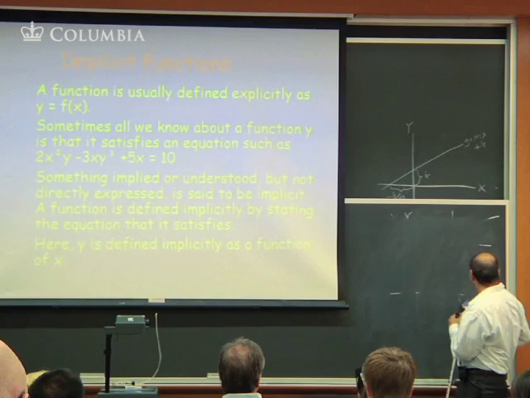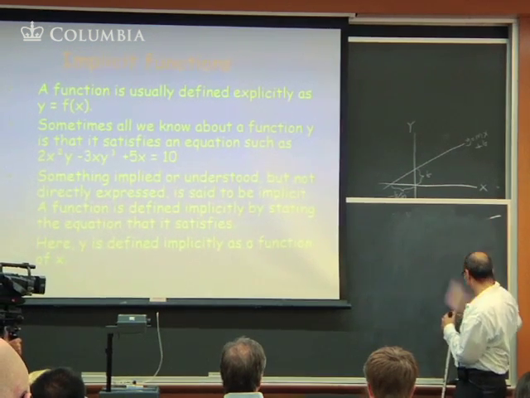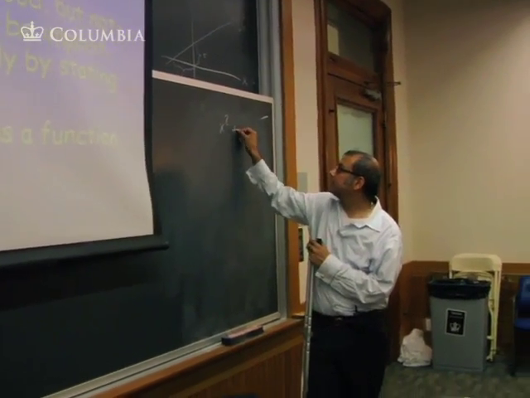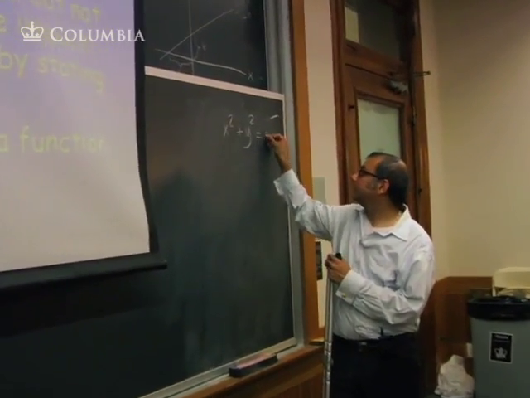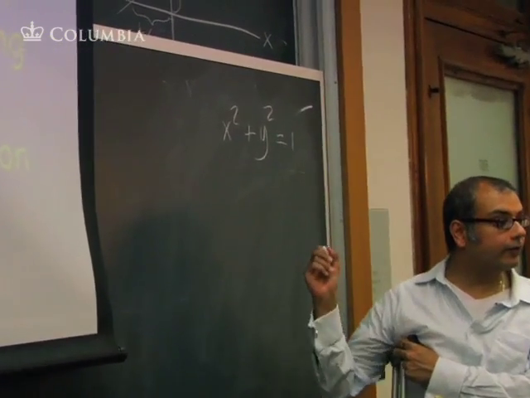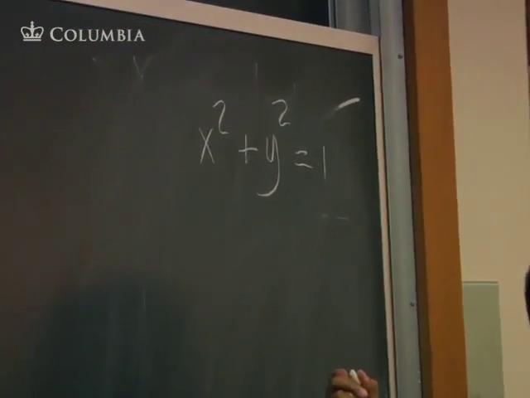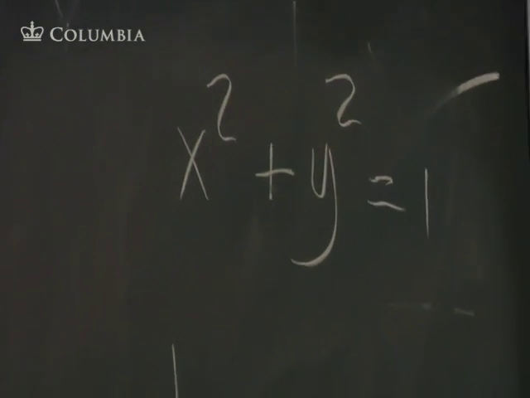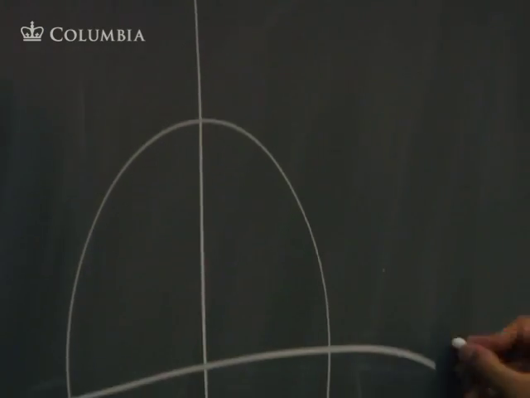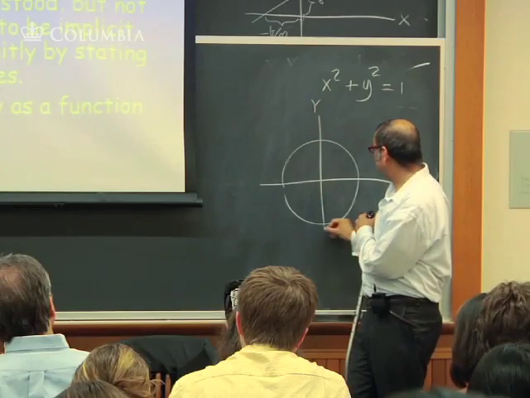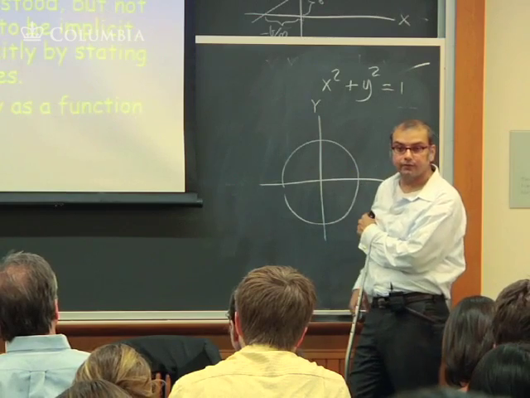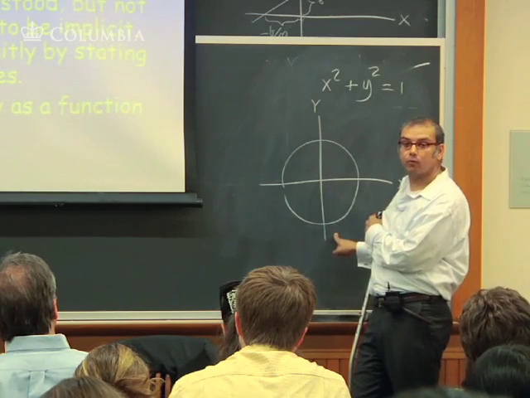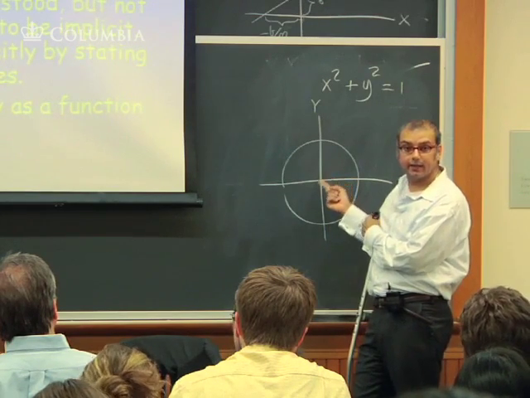A very common implicitly defined function is... anybody know what the graph of this implicitly defined function looks like? A circle, right? So that's not a function. For any value of x, I have two potential values of y. It certainly doesn't have an inverse.